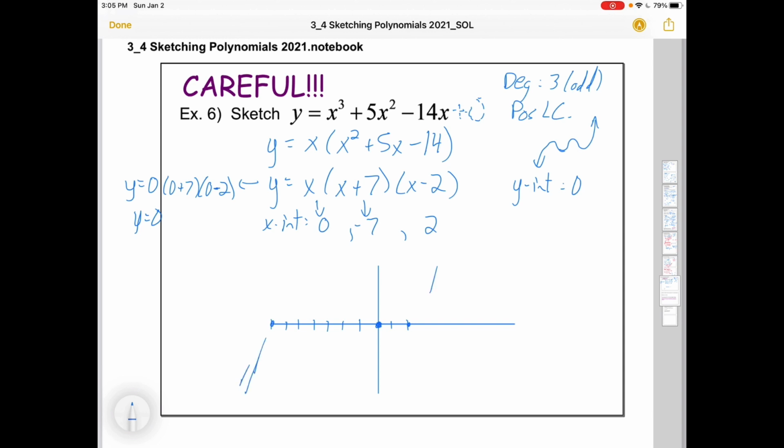So we just, again, thread it through these x-intercepts. Something like that. Okay. So if you don't see a constant term, chances are you can use the greatest common factor, which is what we should be looking for in the first place anyways.